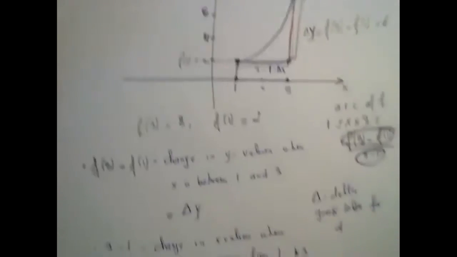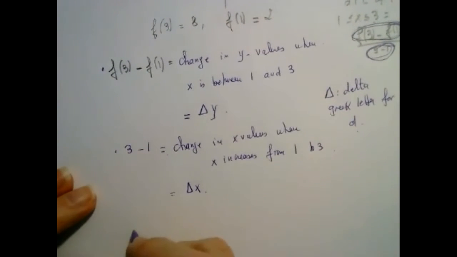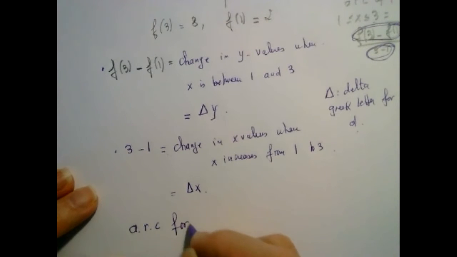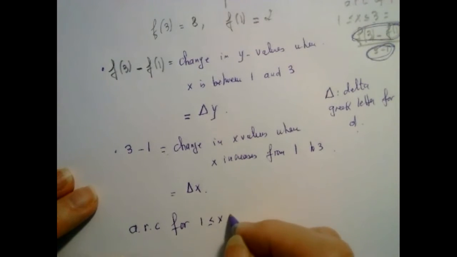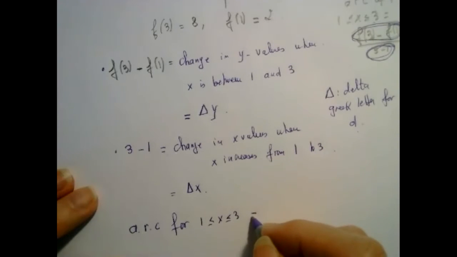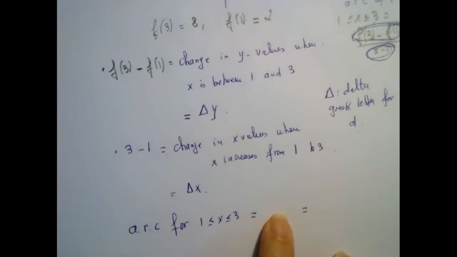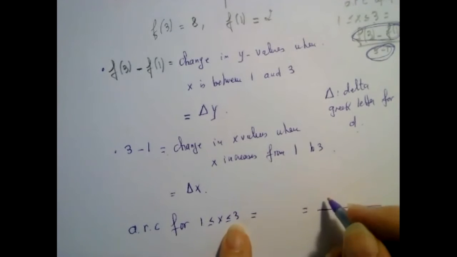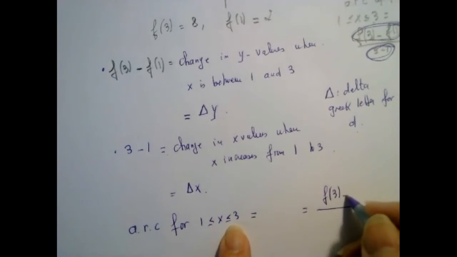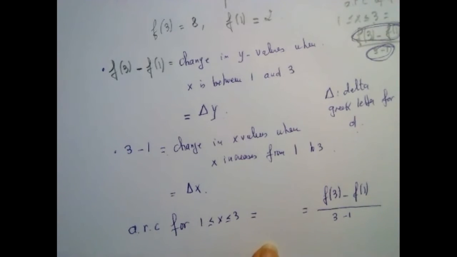What is the average rate? The average rate of change for x between 1 and 3: the definition tells me it's f of 3 minus f of 1 over 3 minus 1.